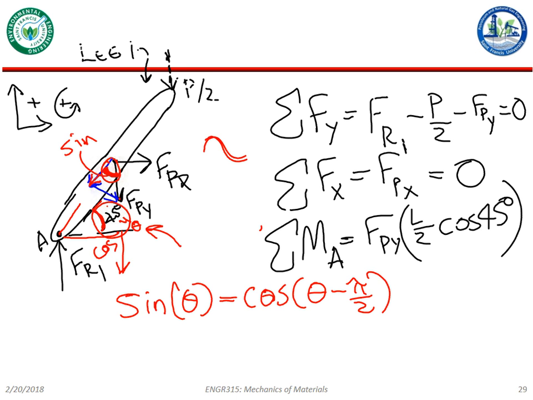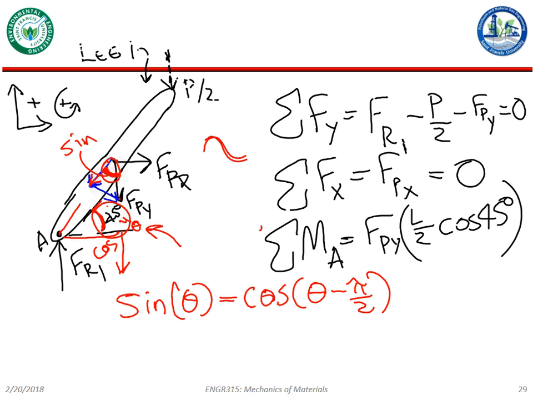So in the definition of the trig function itself, they each vary opposite one another. They're exactly 90 degrees out of phase.